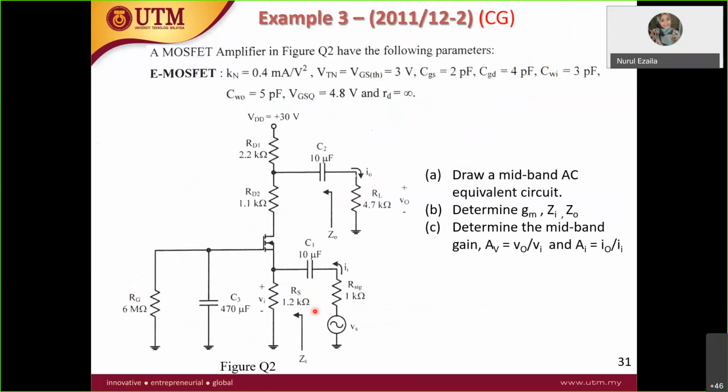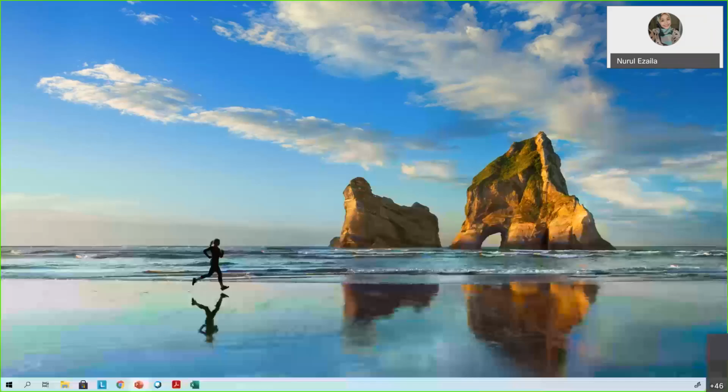We haven't tried the example for this one yet, so let's take a look at this example. This is a good example. Ignore this value G. Let me delete first.